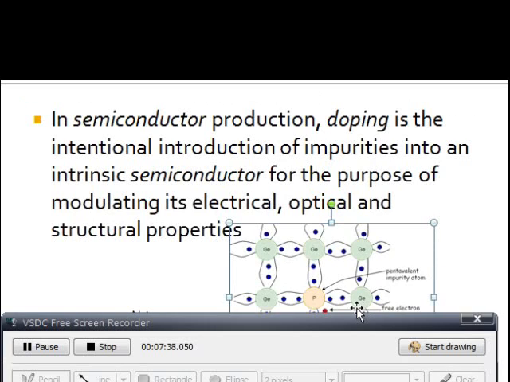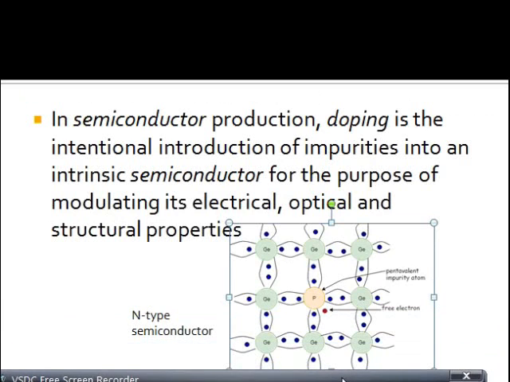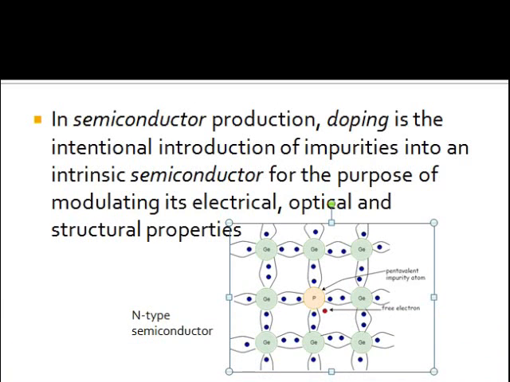So like this, we now understood how an n-type semiconductor is made.